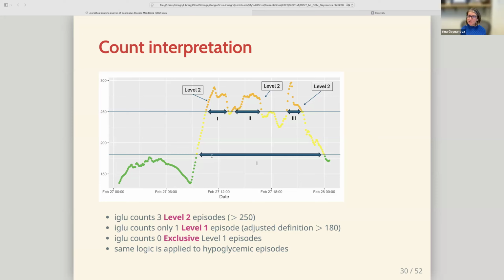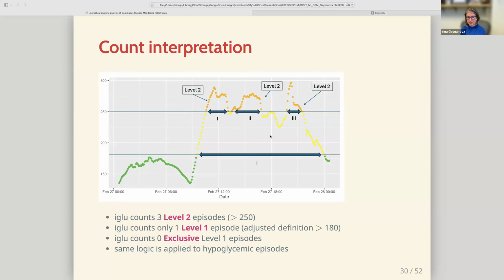So from the definition, there's only one level 1 episode, but it happens to be very large in duration. However, the deviations above 250 are more intermittent. So that triggers, by the definition, 3 level 2 episodes, and they are all part of level 1.